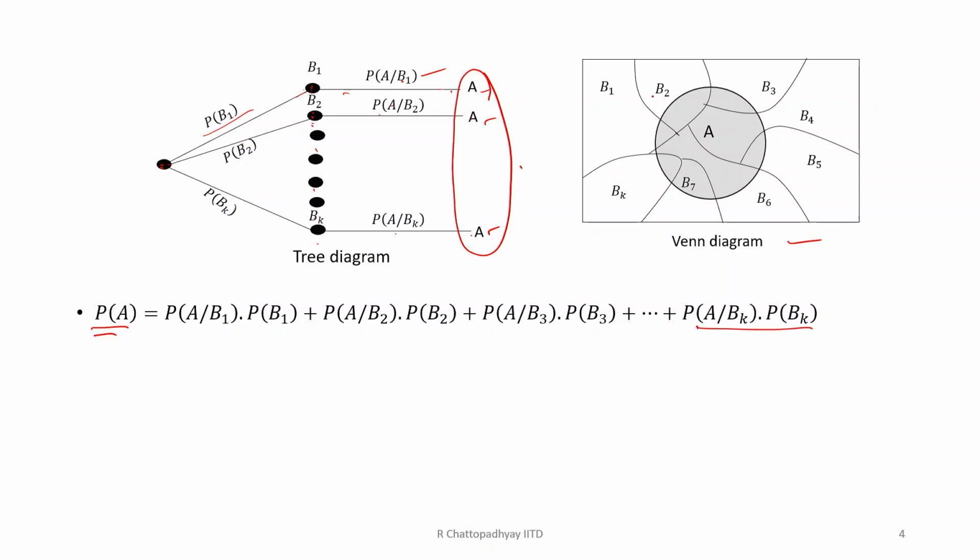If you look at the Venn diagram, A is intersecting all the events B1, B2, B3, B4 up to BK. So P(A) is basically becoming this sum. Look at these summation signs.